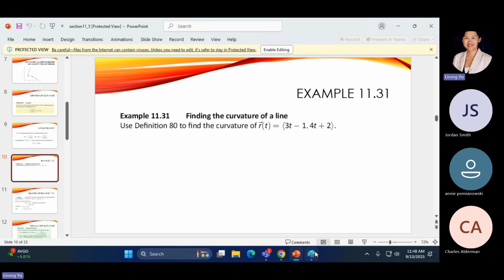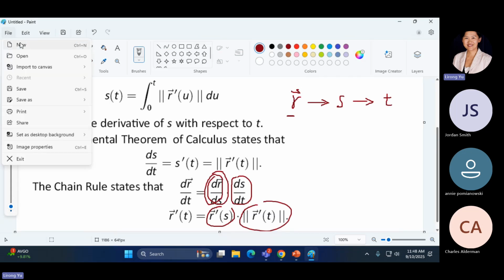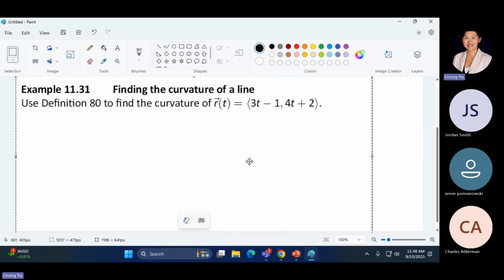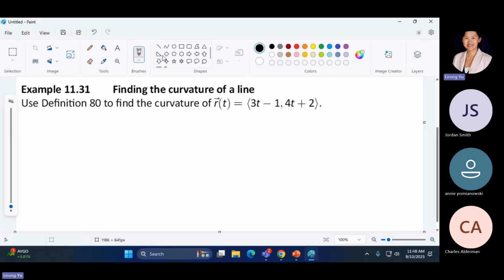We already did a change to the arclength parameter. So first we have to do a change to the parameter. Instead of t, we're using s. And remember last time we had an example, R(s), turning into an arclength parameter. It was 3/5 s minus 1, and then 4/5 s plus 2.